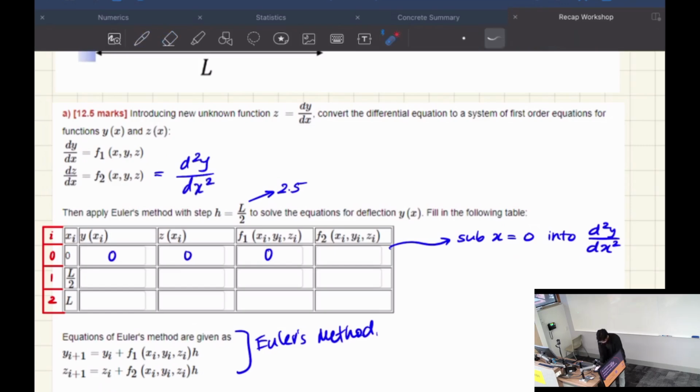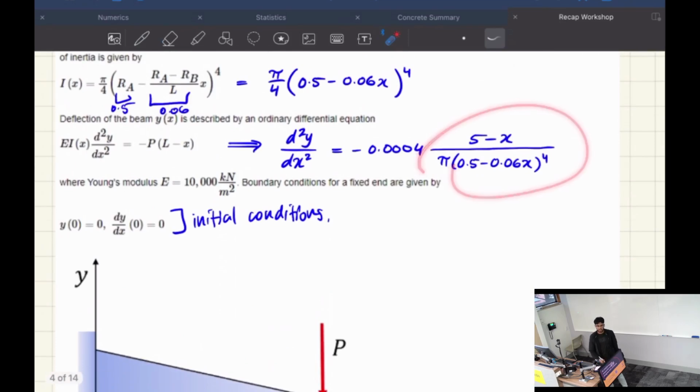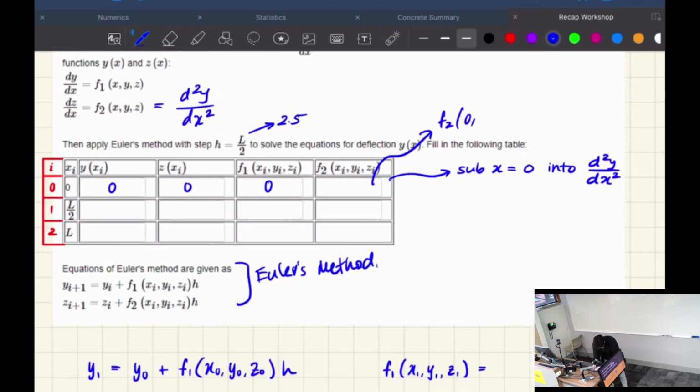Okay? So we're trying to find the value of this at x0, y0, z0. So we scroll up a little. All we need to do is sub 0 into this equation. That's literally it. So this is equal to f2 of 0.